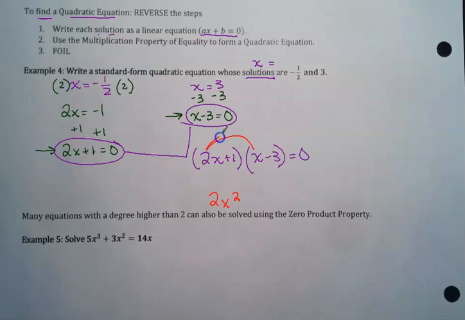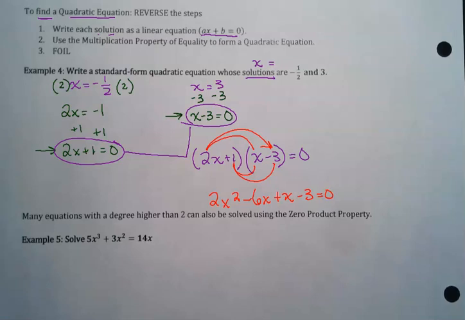Outside is 2x times negative 3, which is negative 6x. Inside, 1 times x is positive x. And the last, 1 times negative 3 is negative 3, equals 0.